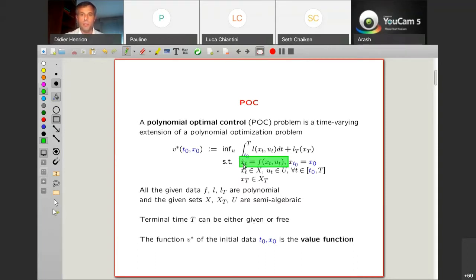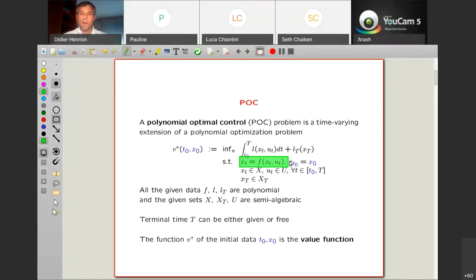So X dot, meaning dx over dt, the velocity of the state, is enforced to be equal to a function of the state and the control. This function is denoted by f. The state vector typically lives in R^n for n equal to 1, 2, 3, and U, the control, lives in the vector space R^m for m generally smaller than n.